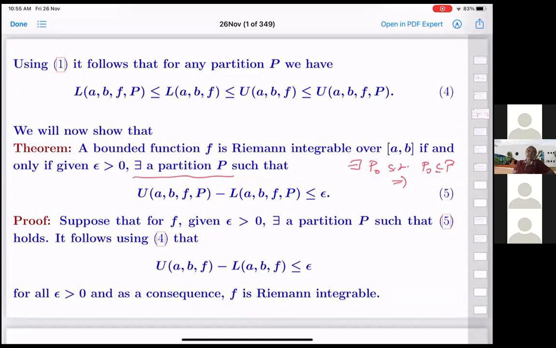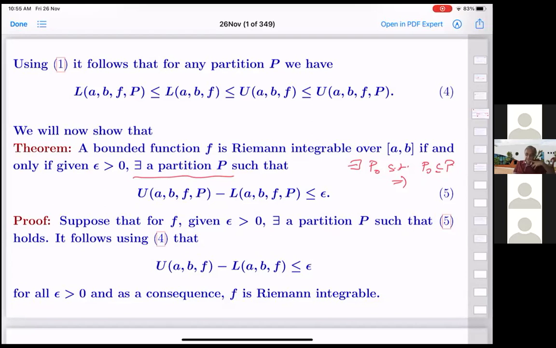So very quickly you can write down a proof that you can obtain a finite partition such that the upper and lower bound for that partition are less than or equal to any given quantity. Okay, so let's come to the proof.